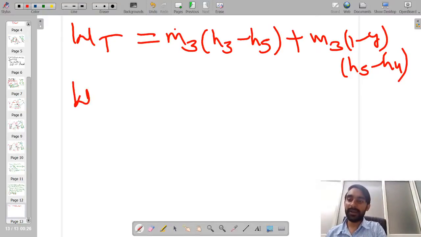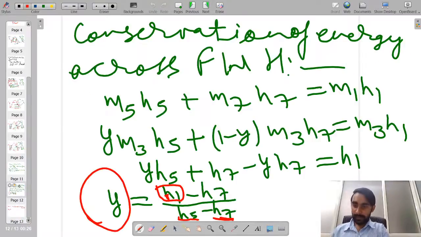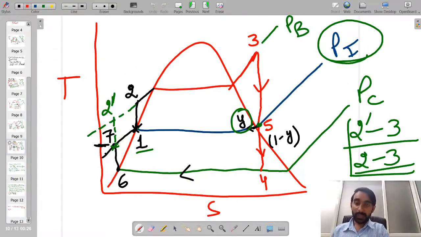Similarly, for the pump work, we have two stages of pump, one from 6 to 7 and the second from 1 to 2.